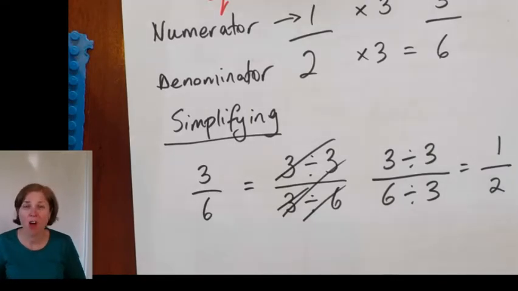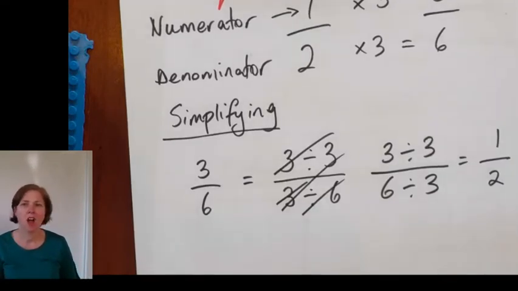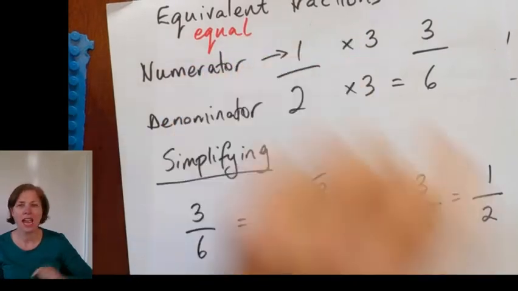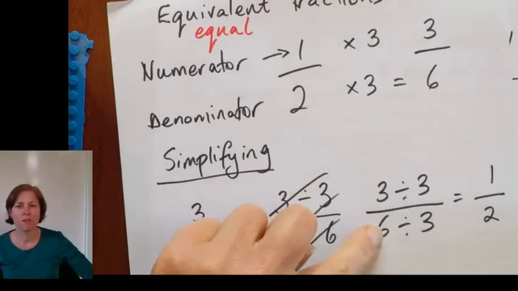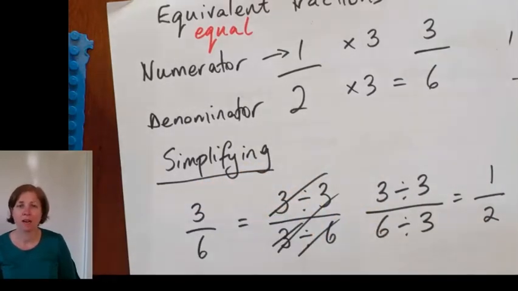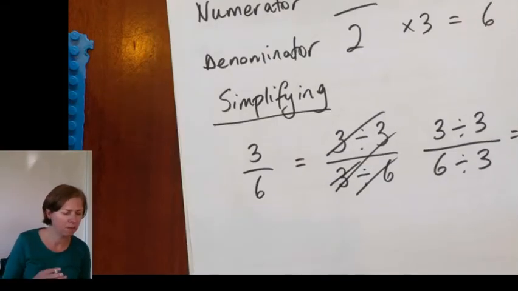So whenever I'm finding equivalent fractions, I can either multiply everything on the numerator and denominator by any number, or divide everything on the numerator and denominator by any number, but it's got to be the same number. So let's do an example.